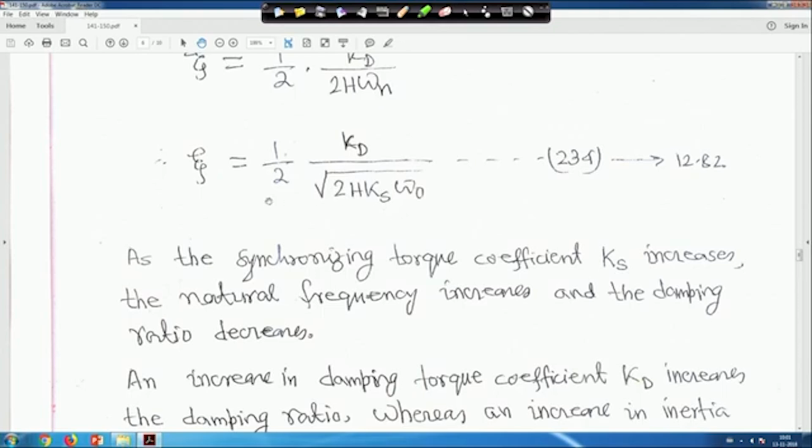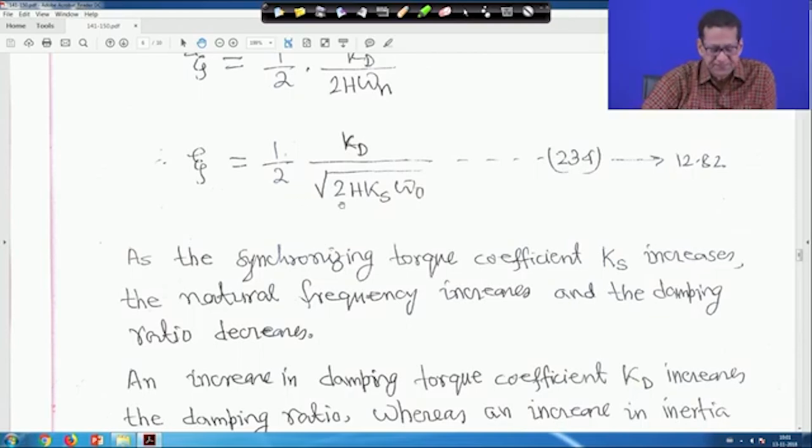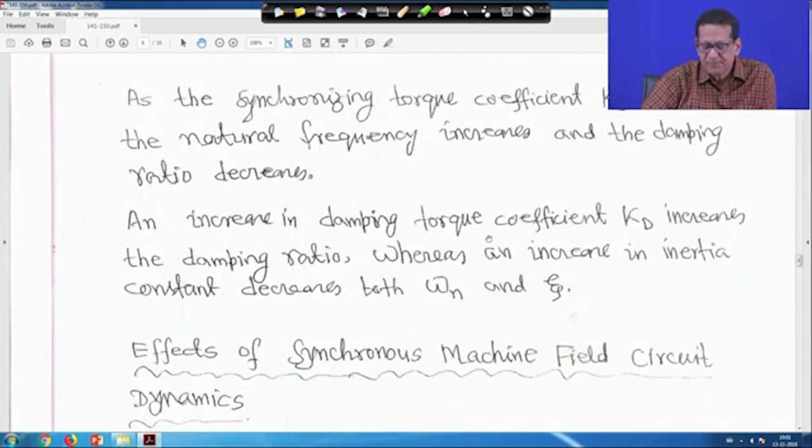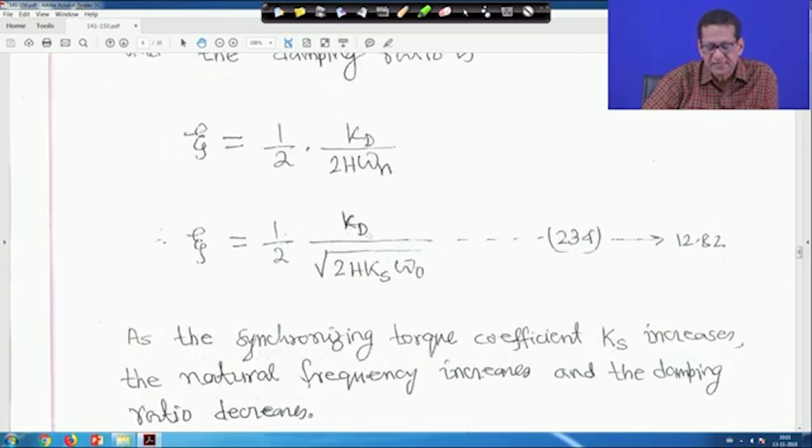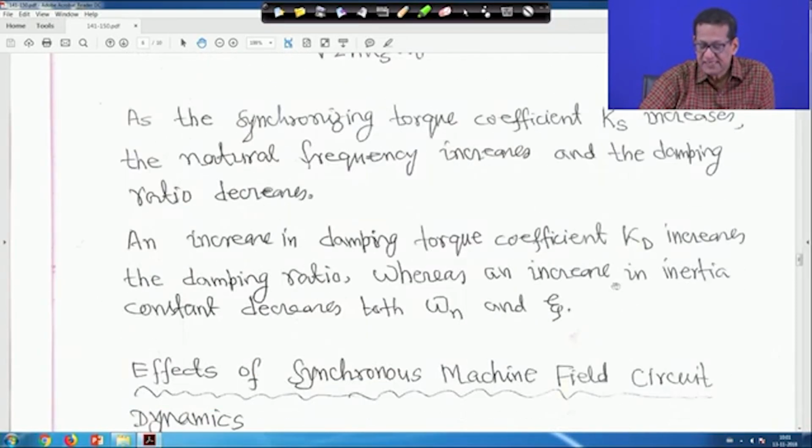So if Ks increases, xi decreases. An increase in the damping torque coefficient Kd increases the damping ratio, since Kd is in the numerator. Whereas an increase in the inertia constant decreases both omega n and xi.